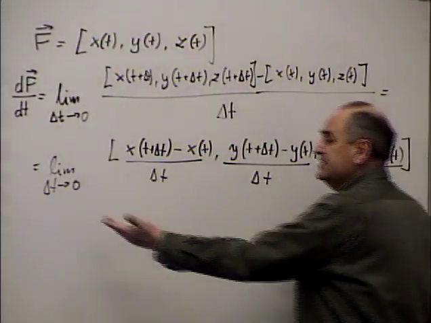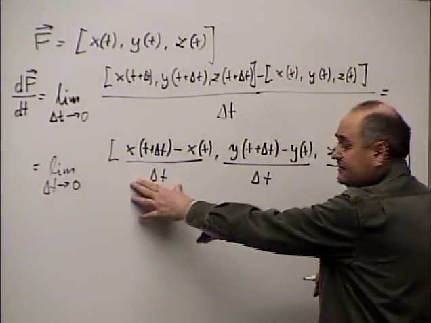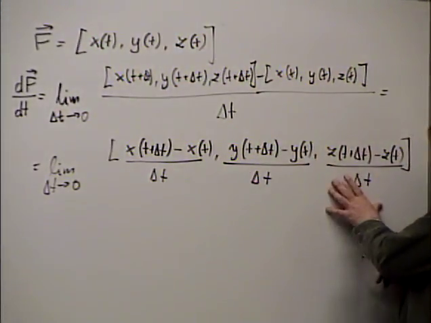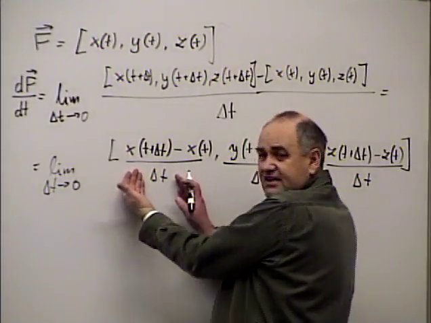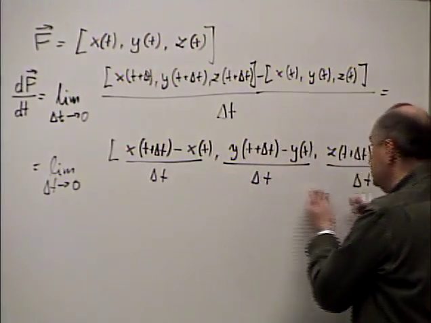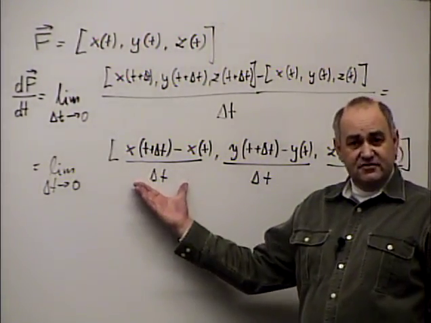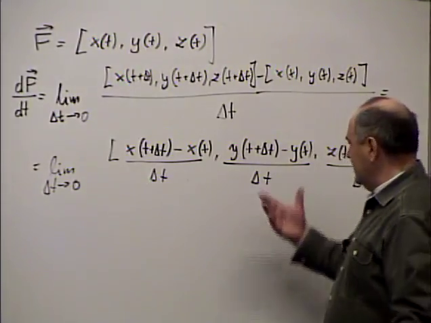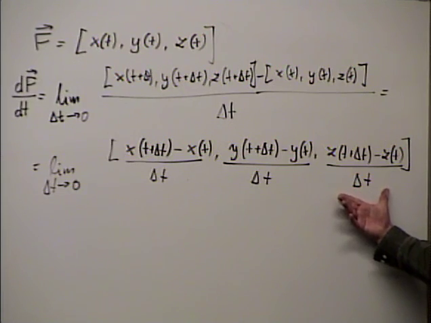Now I'll change delta t to a smaller one. I will have a certain value here, a certain value here, a certain value there. I take delta t smaller. I will have a certain value here, here, and here. So I will have a sequence of numbers for the first component, a sequence of numbers for the second component, and a sequence of numbers for the third component.